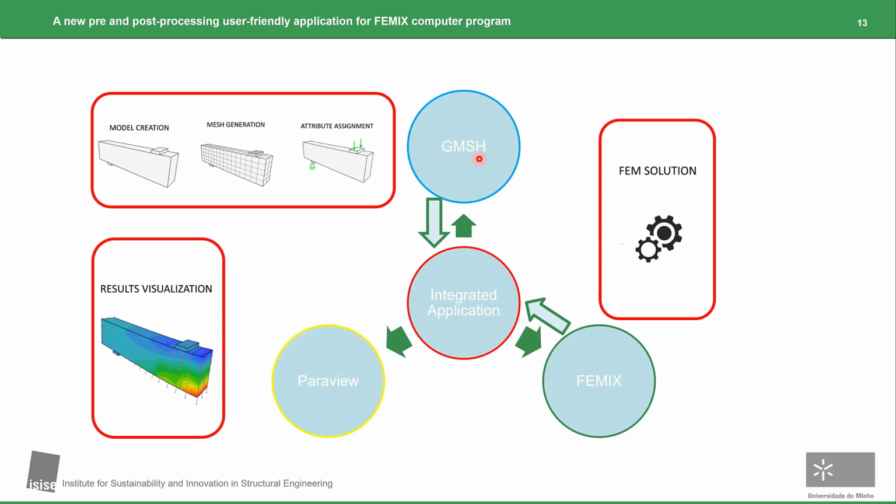We can send it to Gmesh and then generate the mesh and get back the mesh, and then complete the input file for Femix, which is model generation, and then send it to Femix. And after the finite element solution, after solving the problem, we can get the results and send them to Paraview for results visualization.